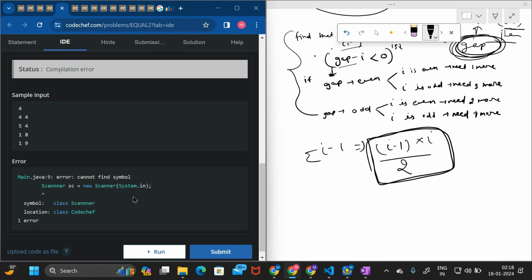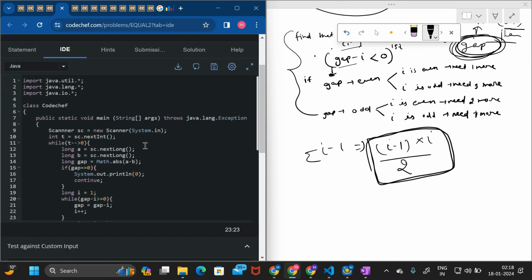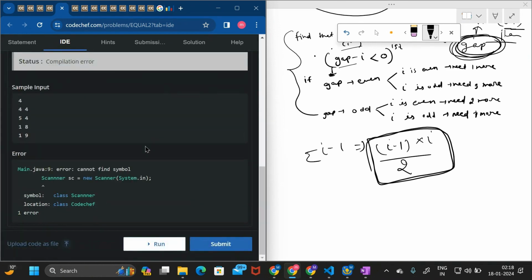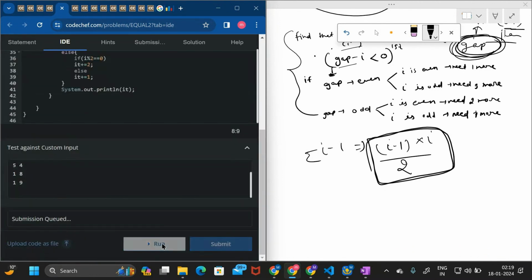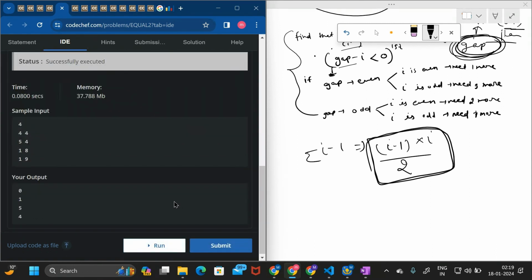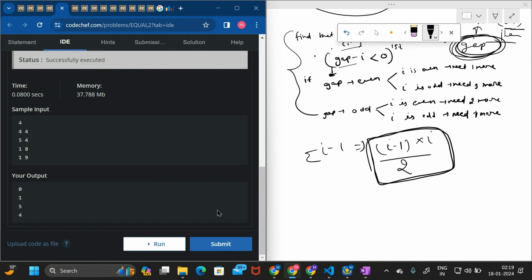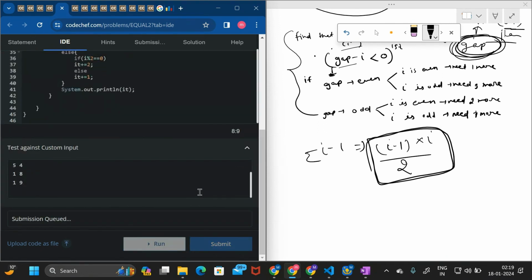It is showing some error, Scanner. Okay, line number 9. It is a spelling mistake. Okay, let's run. So our output is accepted. Now let's submit the code.